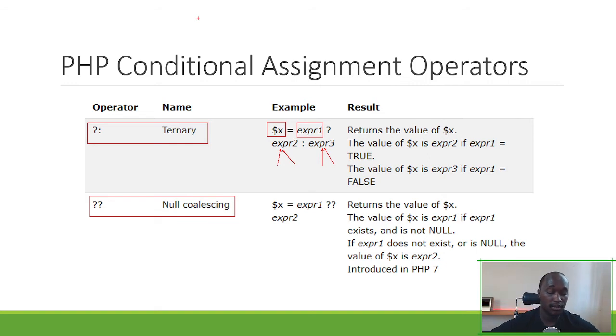Okay, so let's try and do an example for the ternary operator. You can have a variable, age, then use the ternary operator to check if the age is less than 18.